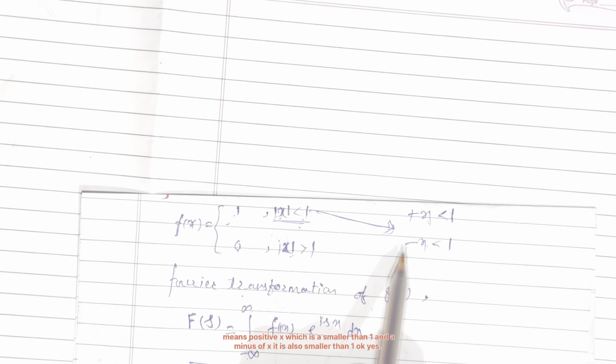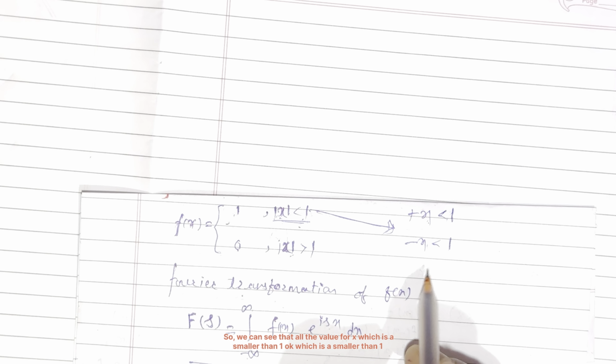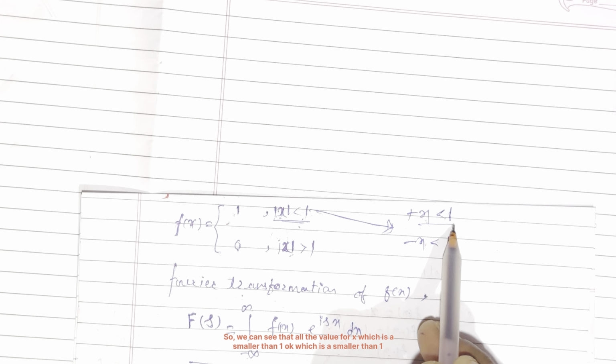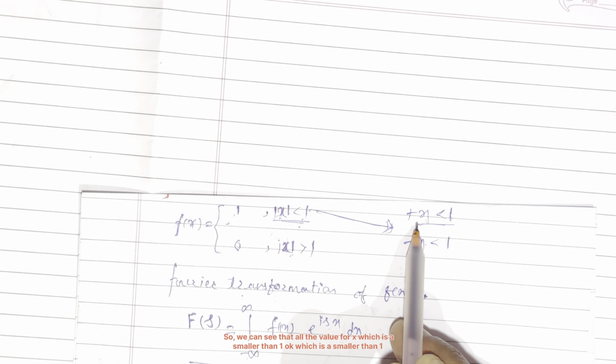I'm explaining this for modulus x smaller than 1. So mod x smaller than 1 means positive x is smaller than 1 and minus x is also smaller than 1.